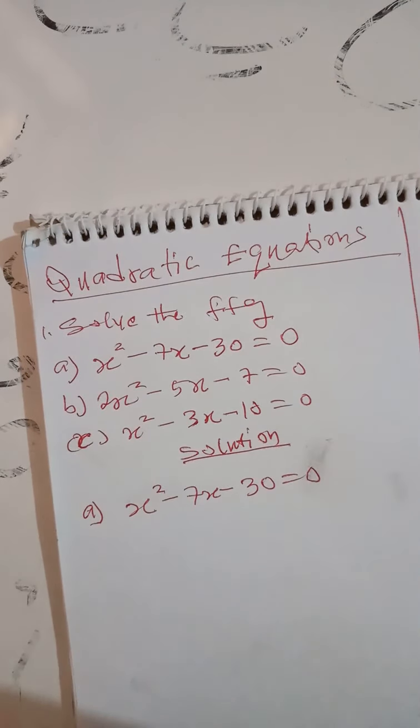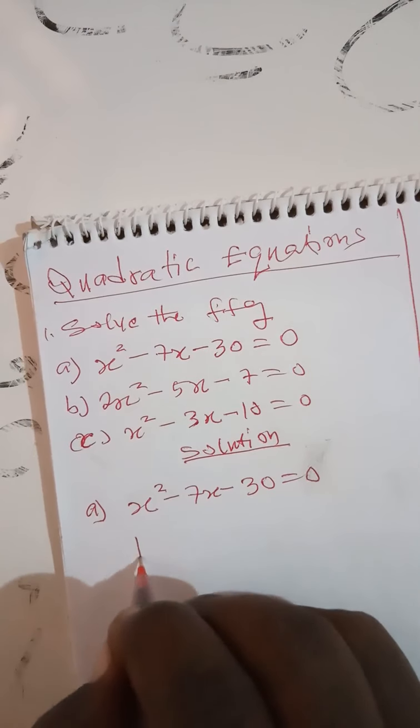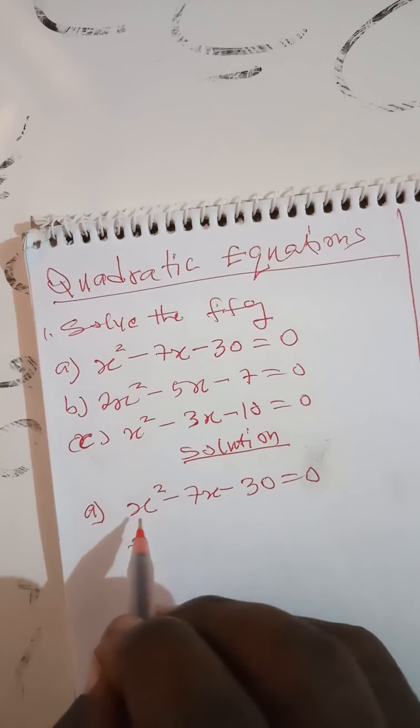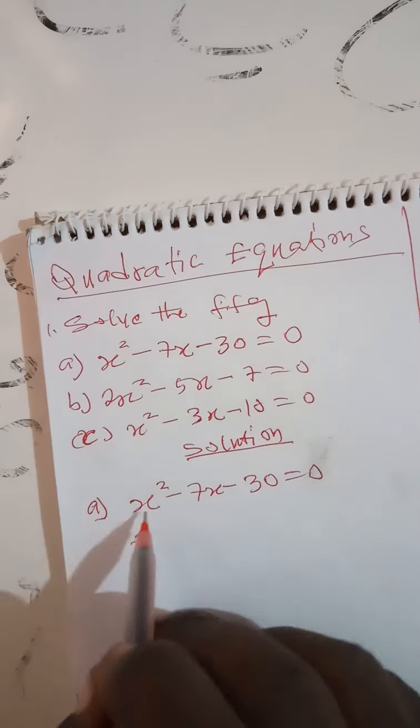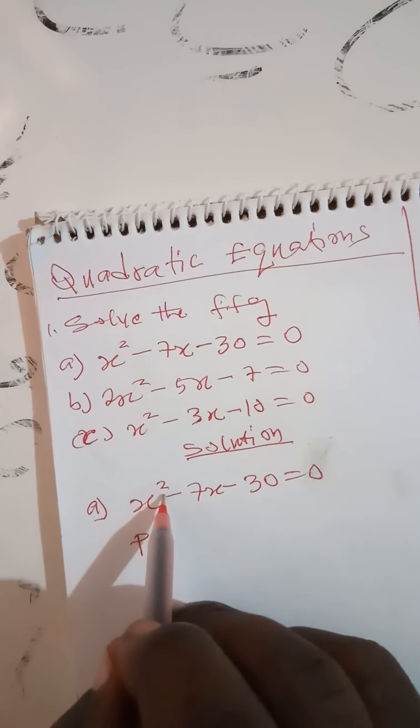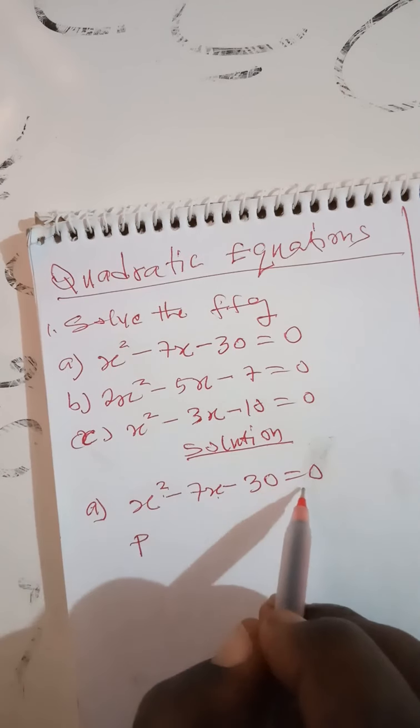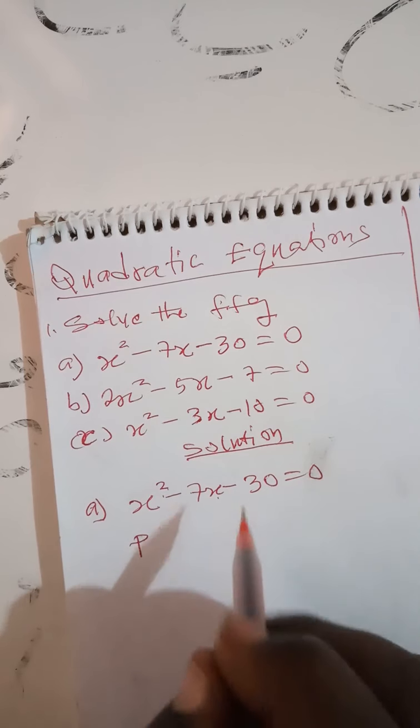All I need to do is to ensure that the quadratic equation is in the proper form, which is in descending power of x. So x squared, x, no x. Okay, so this is the proper way of writing it.